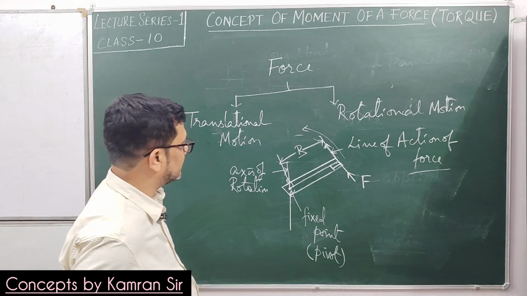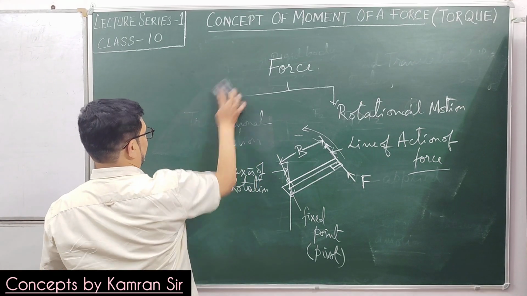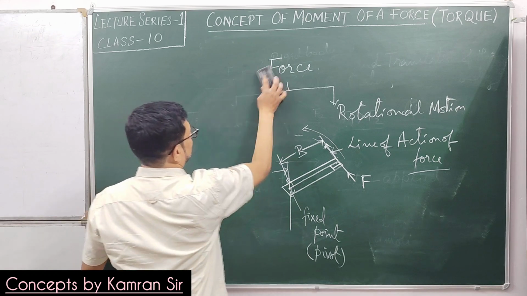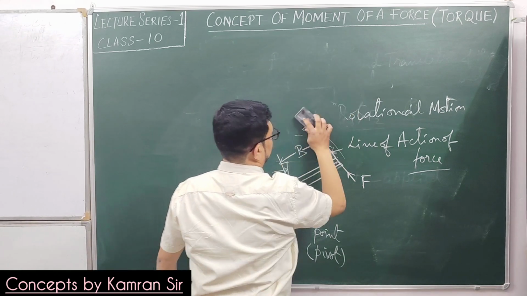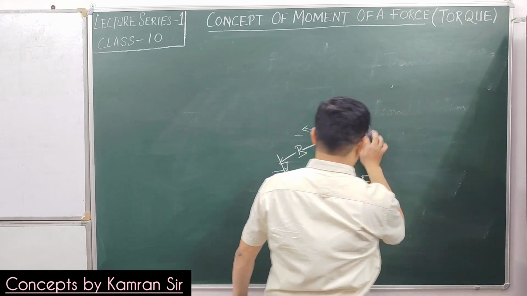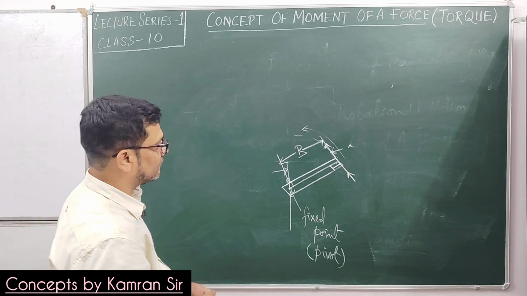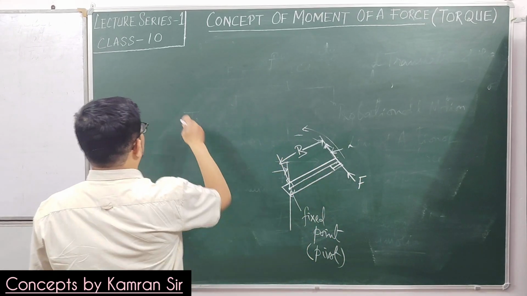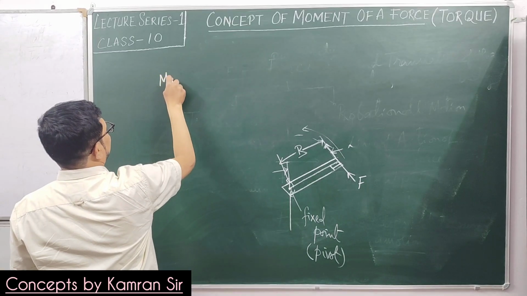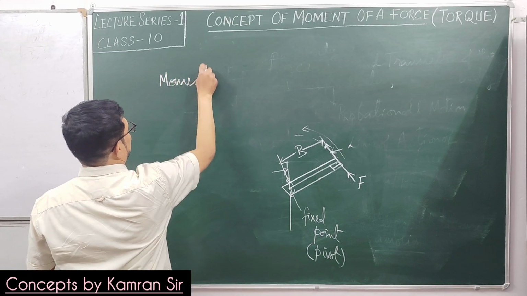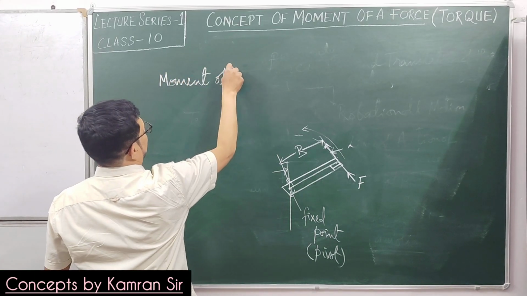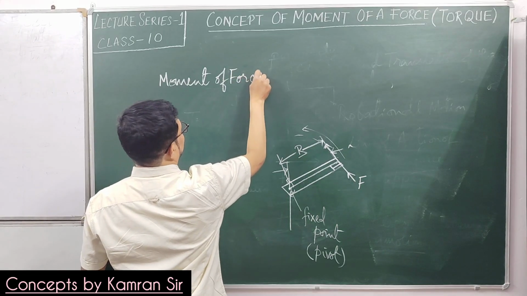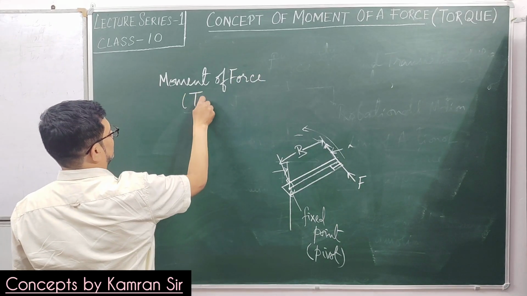So let us understand more in terms of a mathematical expression. What we have learned until now is that if this kind of arrangement is there, then there will be a turning effect, and this turning means moment of force, and this moment of force means torque.